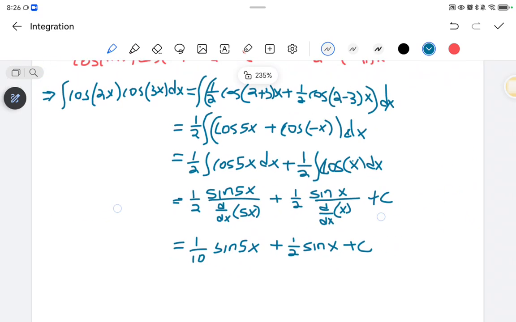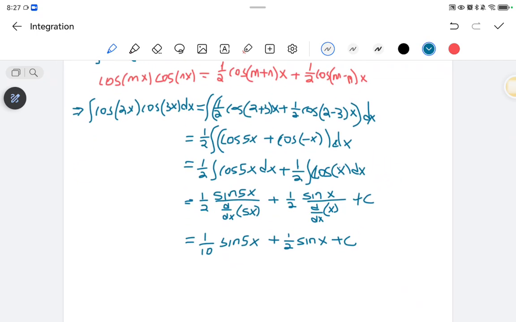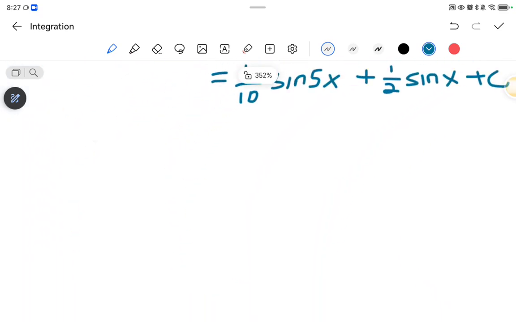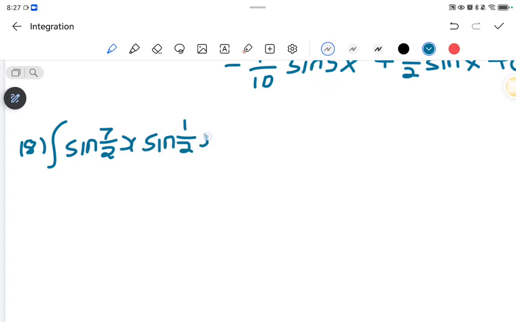Now, we have number 8, which is based on the sine. On the exercise, we're given that number 8 is as follows: the integral of sine of 7 over 2 x sine of 1 over 2 x dx.